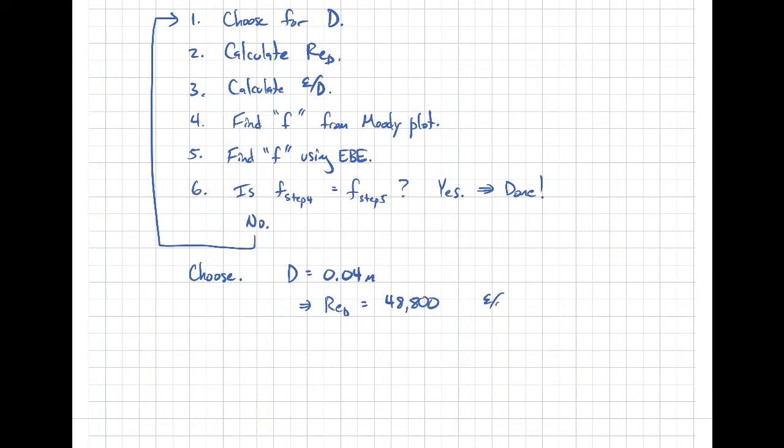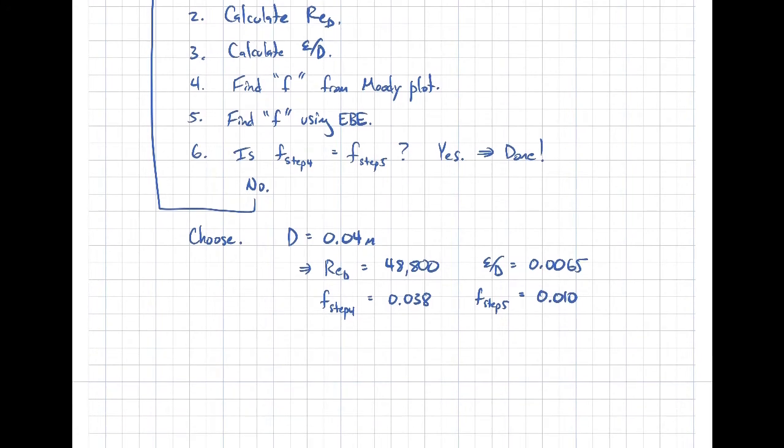You get a relative roughness of 0.0065. So this would be our step 4 friction factor. Using the Moody plot, you'd get a friction factor of 0.038, and then using the extended Bernoulli equation, you would get a friction factor of 0.010. So they don't match. So we have to start over again.